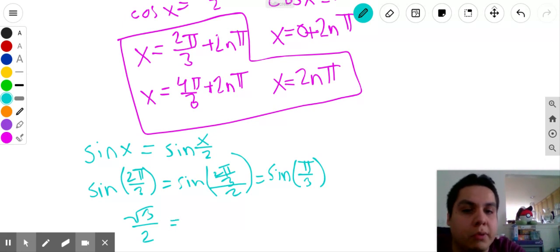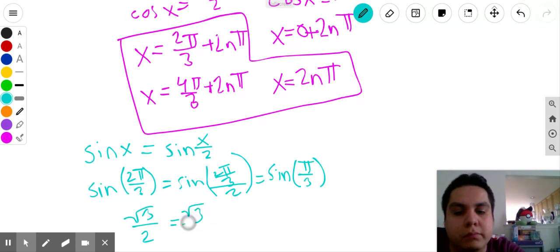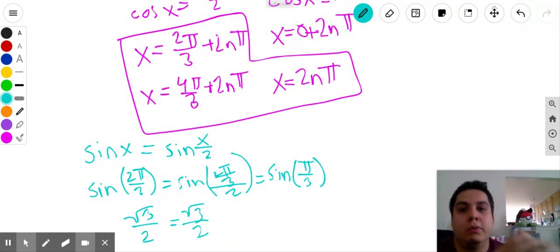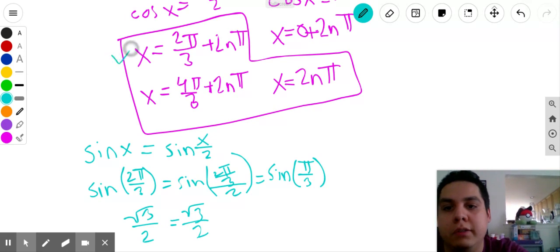And sine of pi over 3 is radical 3 over 2. Right? So that angle worked because I got the exact same value on both sides. They're both positive. Okay. So this one checks out, not extraneous.